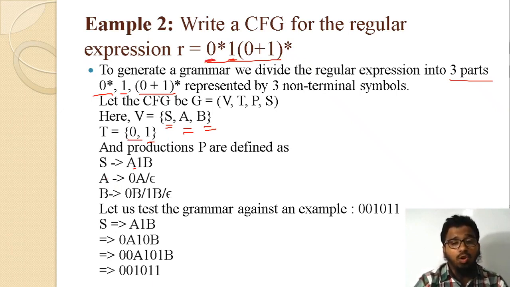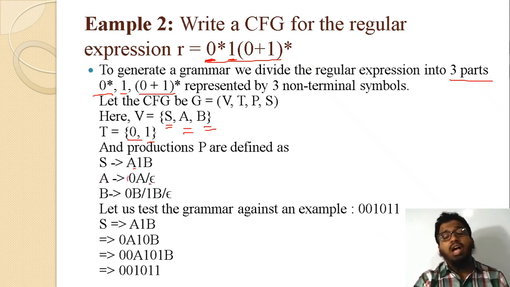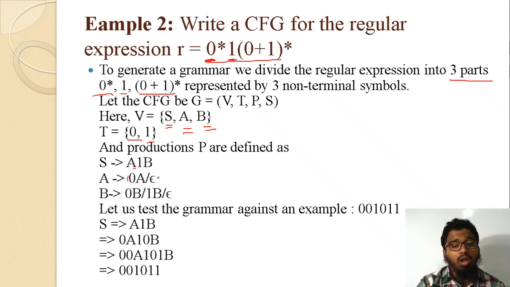I want 0A or epsilon. So next, what is B? In place of B, I want 0B, or 1B, or epsilon, okay.